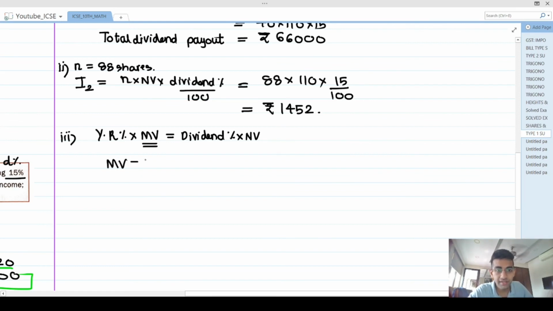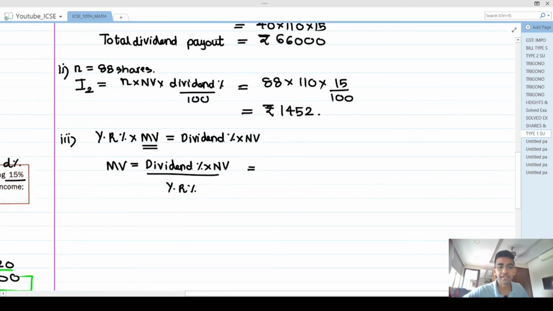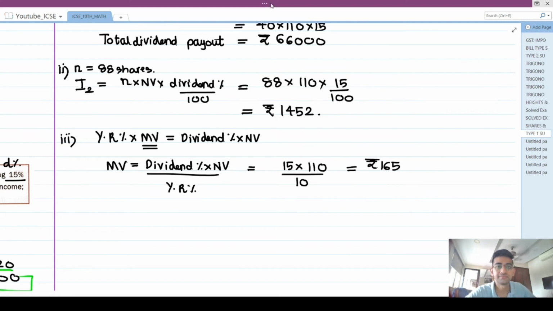So MV is equal to dividend percent into NV upon yield rate. The dividend percent they gave is 15, NV was 110, and they've said he makes a 10% profit. So we'll get 15 into 11. So he paid rupees 165 for each share. This was the market value at which Shahrukh bought his shares.